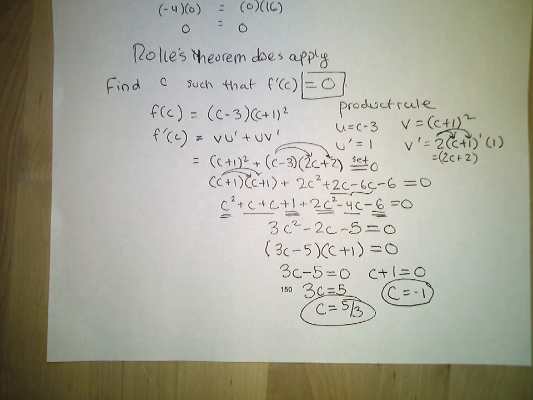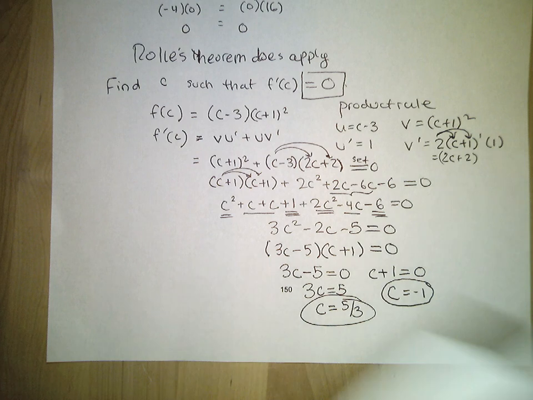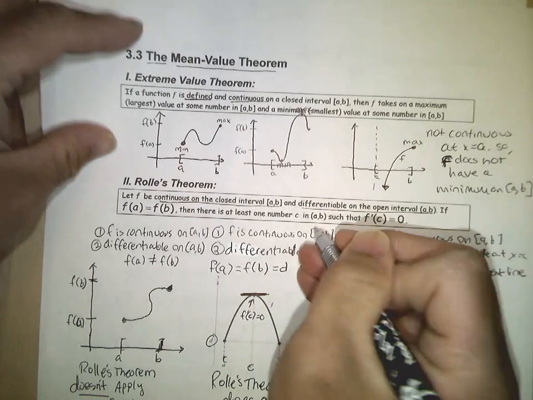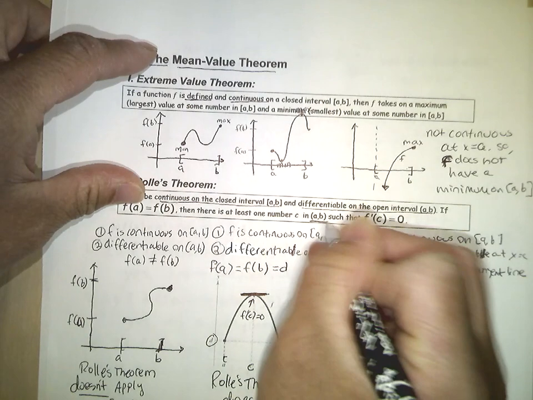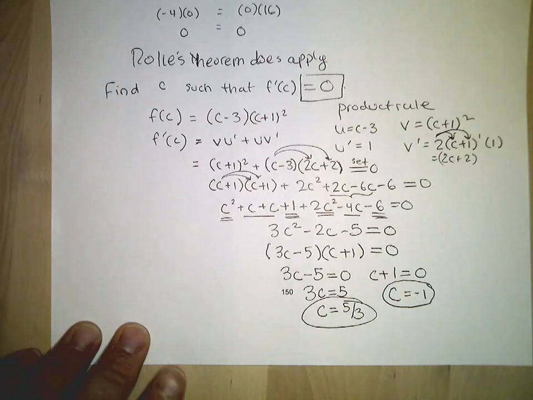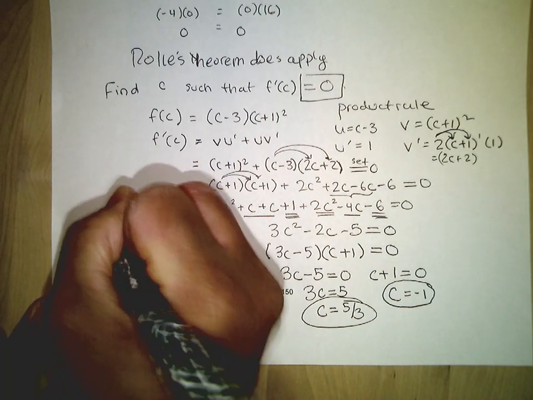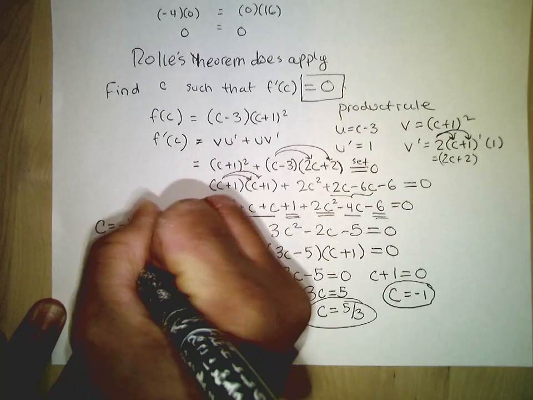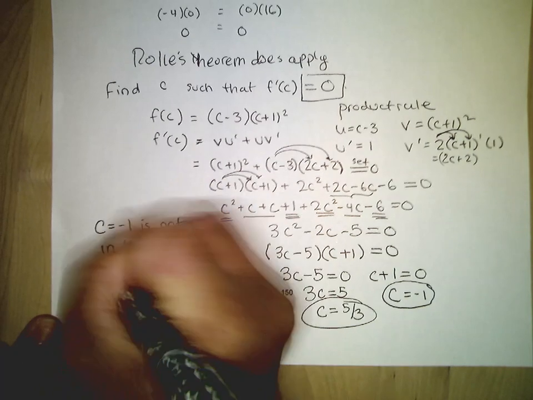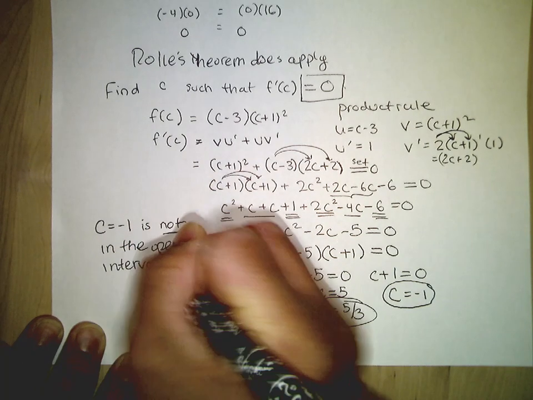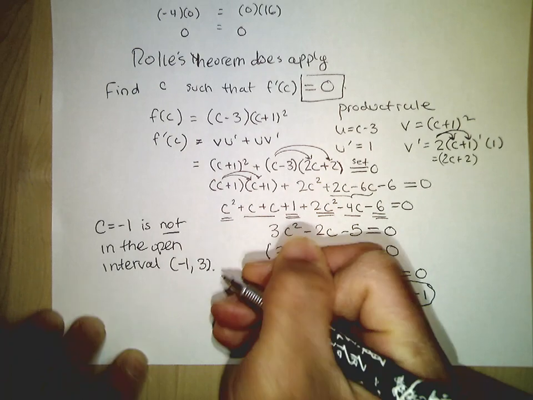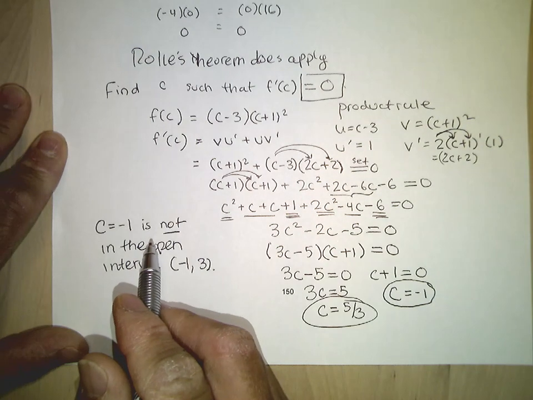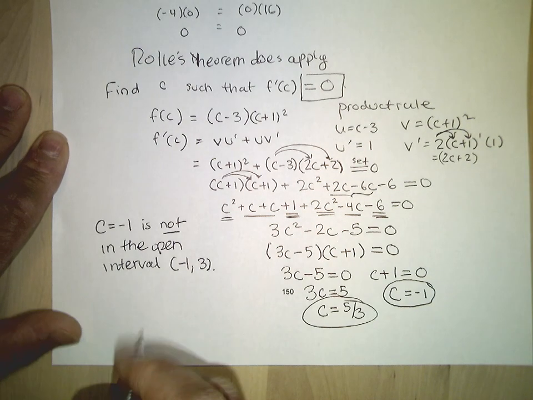And then you can see that, remember, for Rolle's theorem, the c value needed to be in the open interval from a to b. And so c equals negative 1 is not in the open interval from negative 1 to 3 because it's one of the endpoints of the interval.